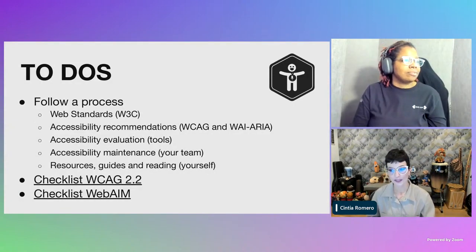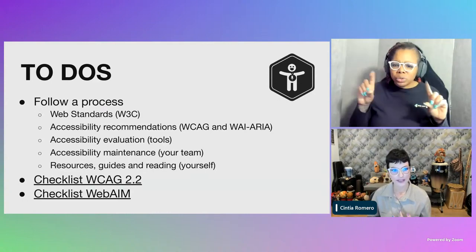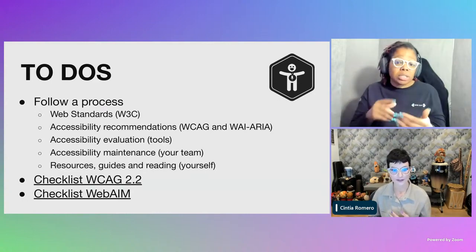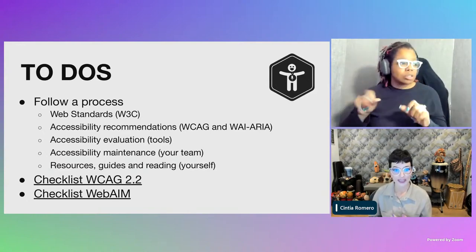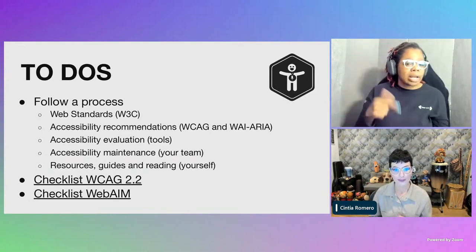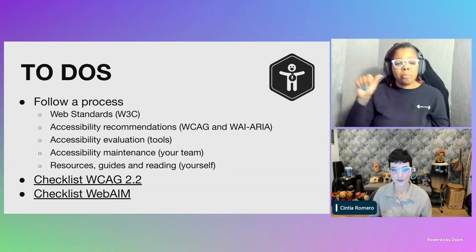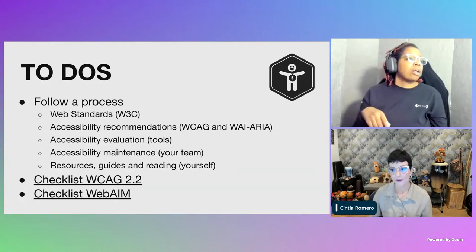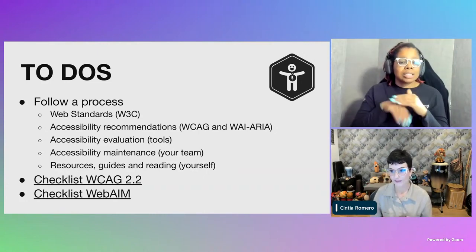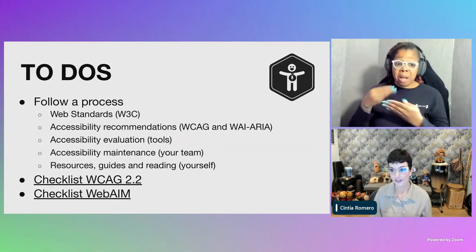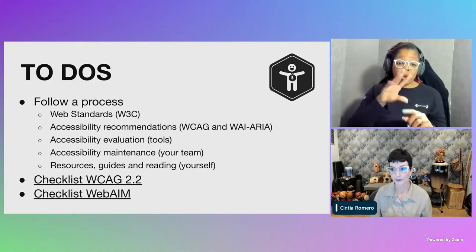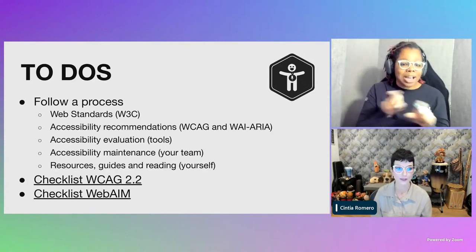And how can we all do that? Follow process, learn the web standards, the W3C standards. You can also check WCAG guidelines, learn about the ARIA attributes that you can use, learn about all the accessibility tools that you have available for free, or maybe if you have some budget, what you can achieve for your company to comply and also to conform with accessibility.